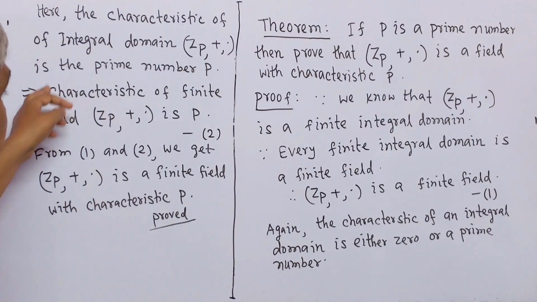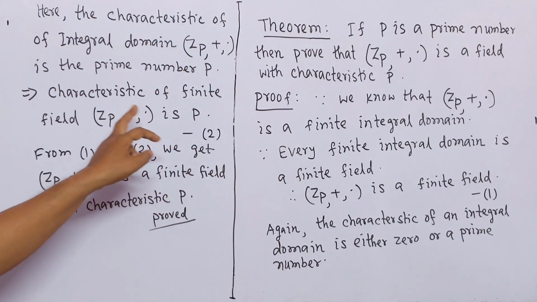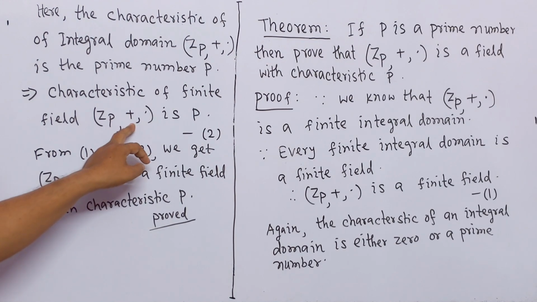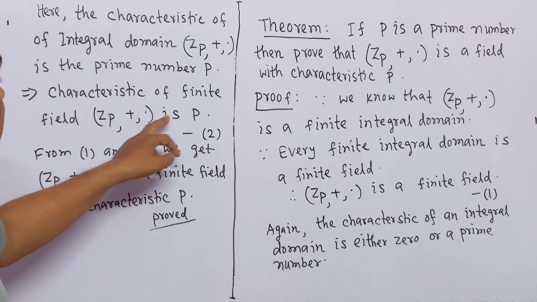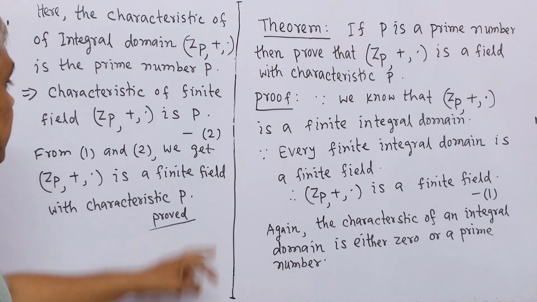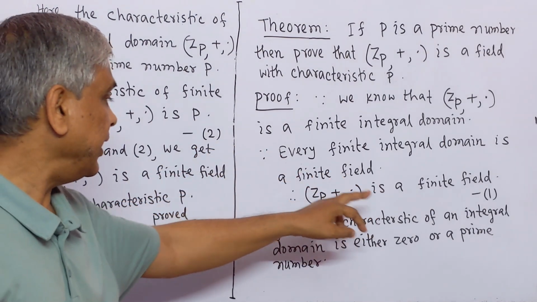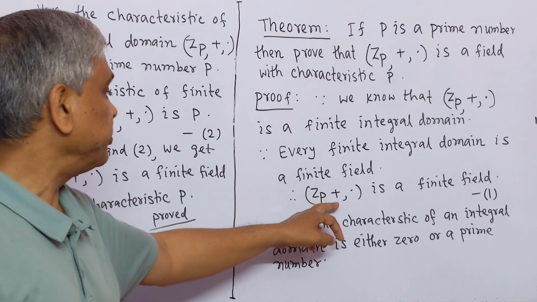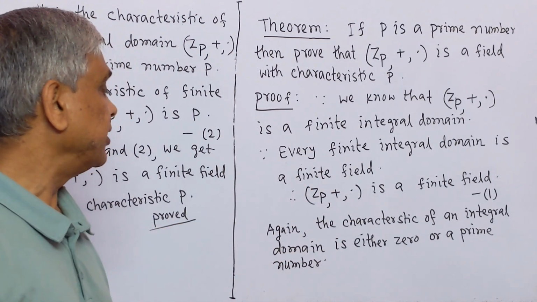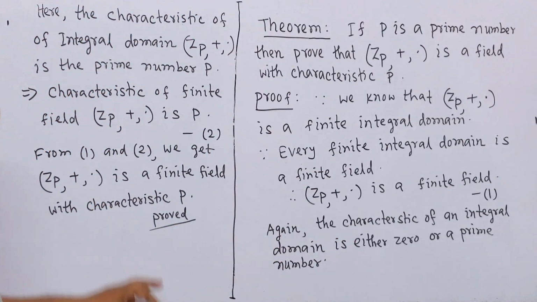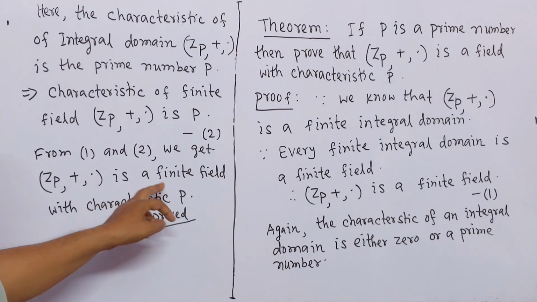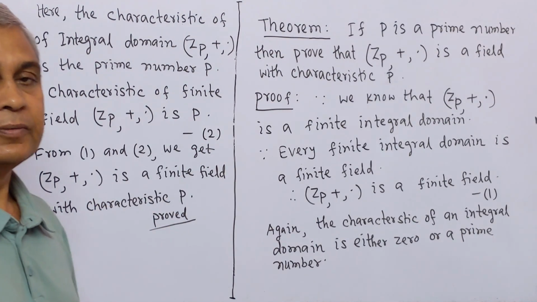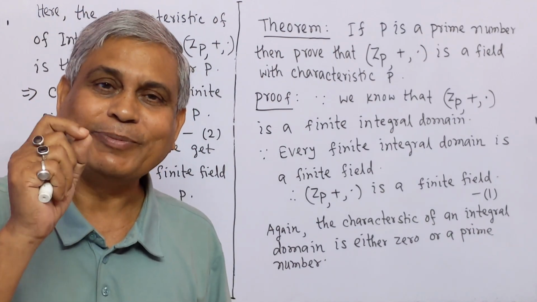Implies that characteristic of the finite field Zp is p. This is number 2. From 1 and 2 we get that Zp with addition and multiplication is a finite field with characteristic p. Proved.